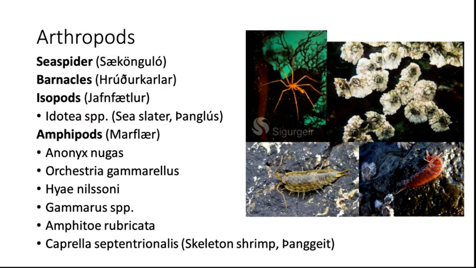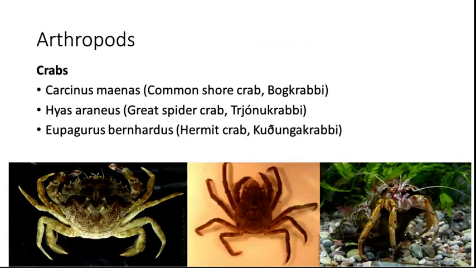Now, larger arthropods would be the crabs, and very common crabs that you can find in the seashore, walking around whether the tide is in or the tide is out, are, for example, the common shore crab, the great spider crab, and also the hermit crab. The hermit crab is the small crab that needs to find a house and uses shells, usually from snails, gastropods.